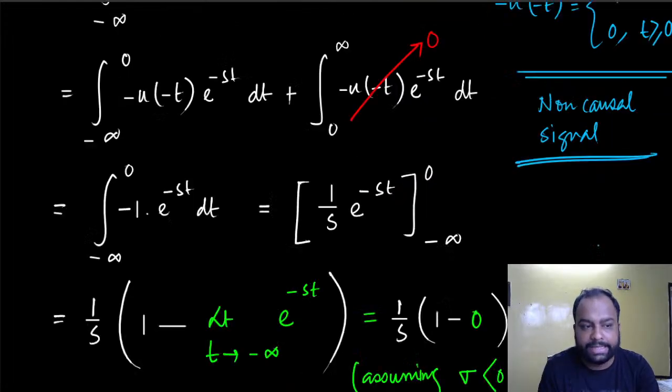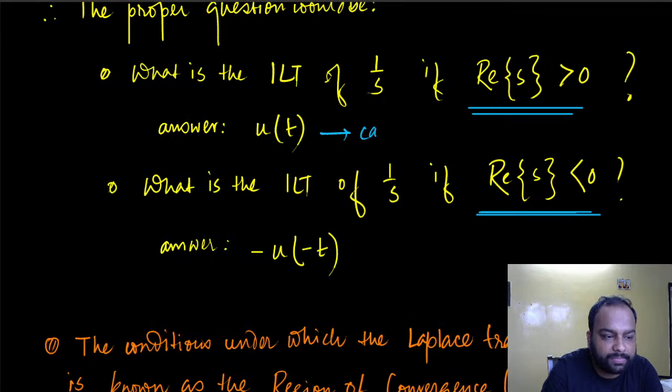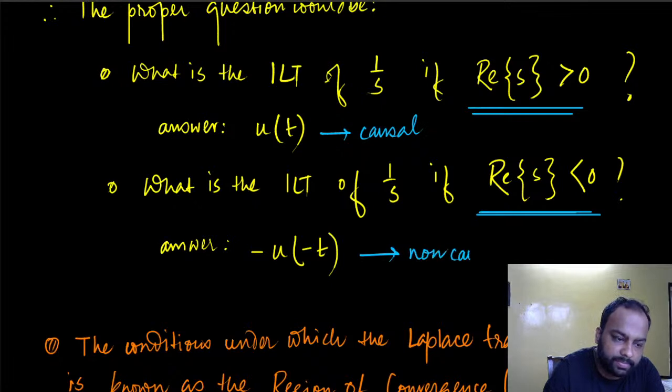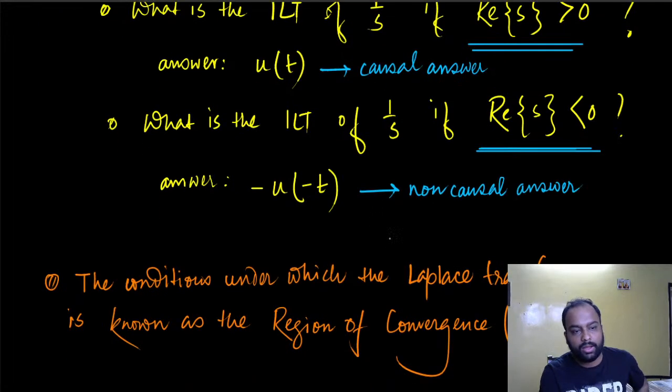So the point is that if someone asks you what is the inverse Laplace transform of 1/s, you have a causal answer and you have a non-causal answer. So this is a causal answer, and this is a non-causal answer, right?